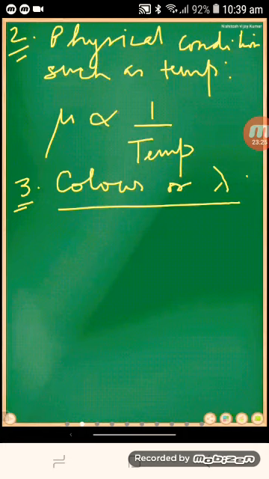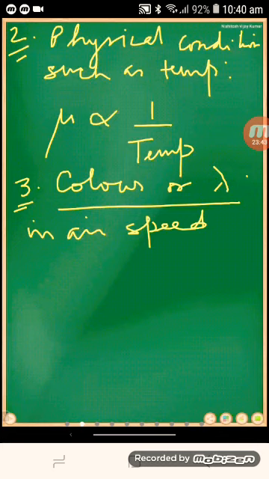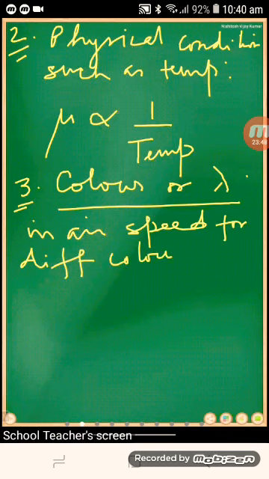Now, we all know that light consists of 7 different colors, but the speed of these different colors in air is the same, and therefore the effect we see in case of air or vacuum is white light.